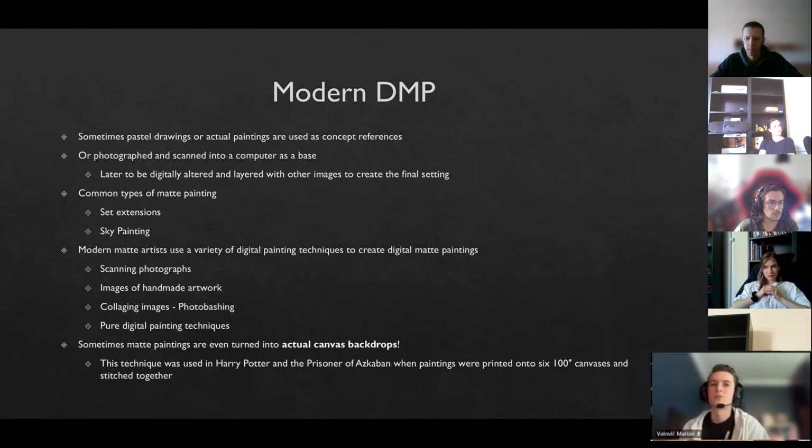Modern matte painters use a variety of digital painting techniques to create the digital matte paintings. For example, scanning photographs they took themselves, images of handmade artwork, or collaging images, oftentimes called photo bashing, which is a really cool technique of just layering tons and tons of images and then just masking them in between, and creating scenes and objects that you wouldn't be able to paint.